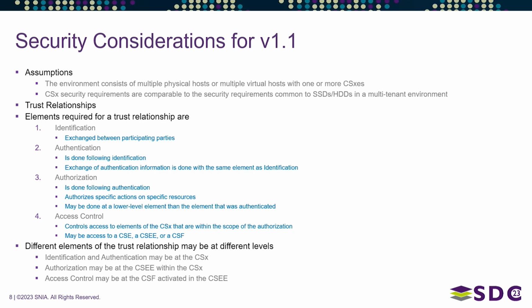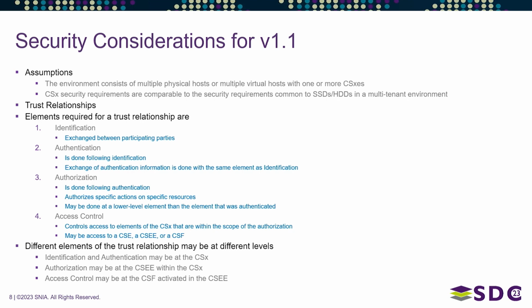Then once we've proven who we are, now we need to have authorization. And we have to determine what we are authorized to do, right? Can we access this computational storage engine? Can we access this computational storage function? Whatever the case may be. And I think it's important to realize that these don't have to be at the same level.